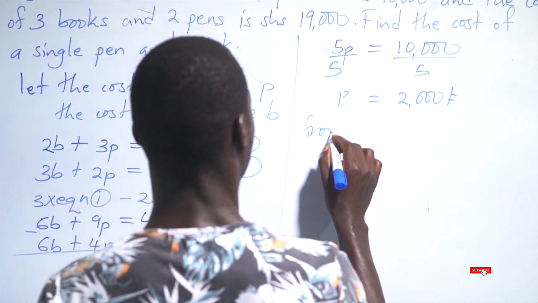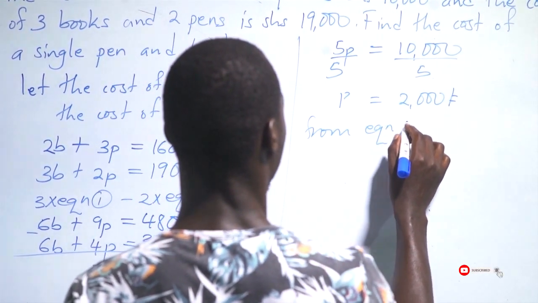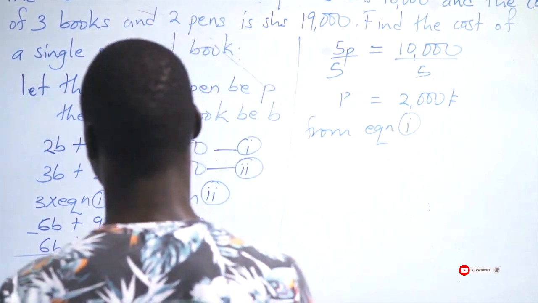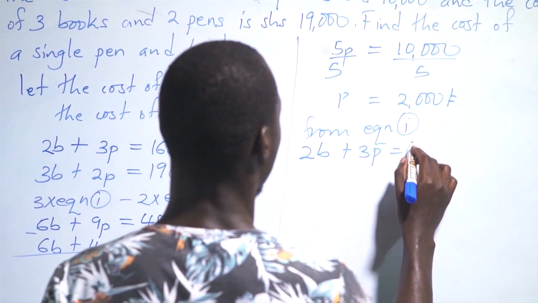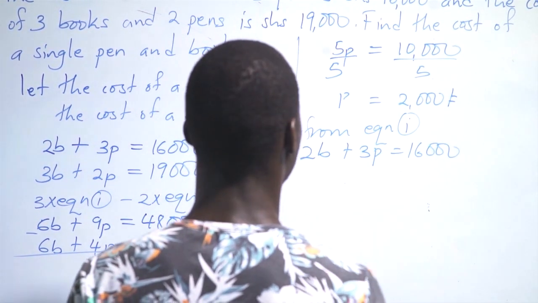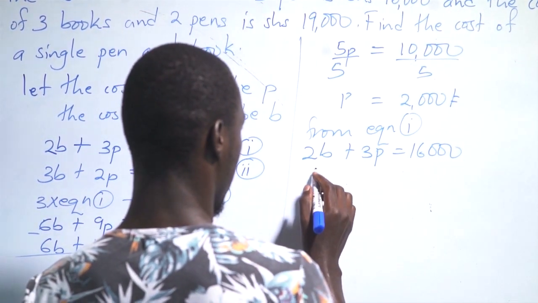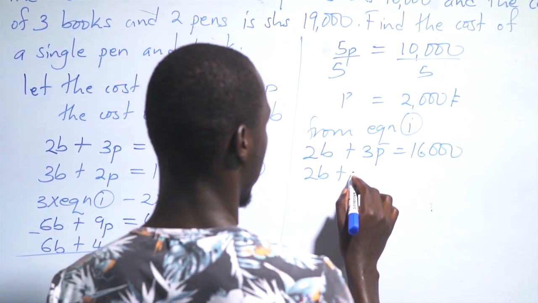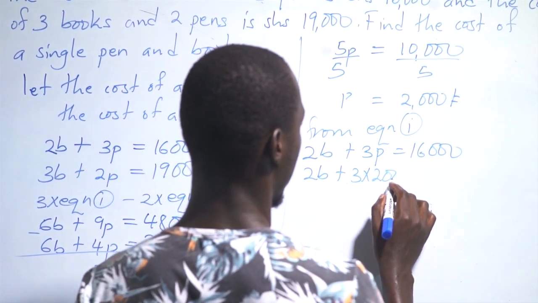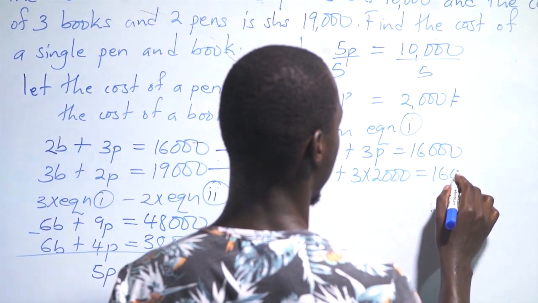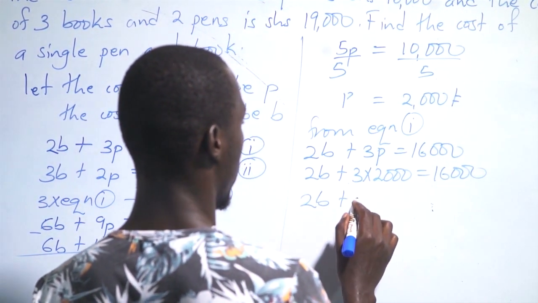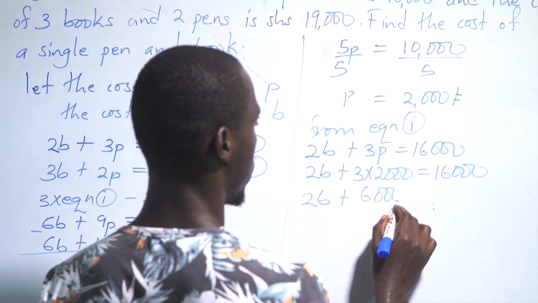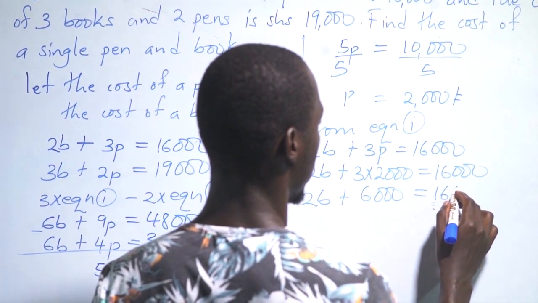Then from any equation, I've chosen equation 1, which is 2b plus 3p to be equal to 16,000. So this is going to be 2b plus 3 times the 2,000 is equivalent to 16,000. So 2b plus 6,000 is equivalent to 16,000.